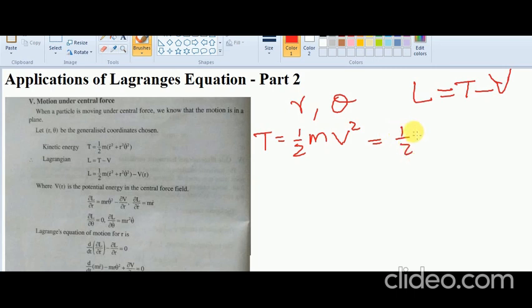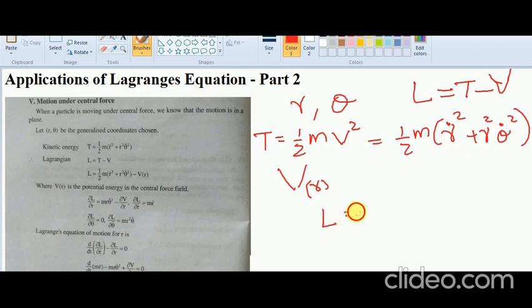So half times m times (r dot squared plus r squared theta dot squared) is the expression for its kinetic energy. And potential energy in this case depends on the position r. Now what is L?